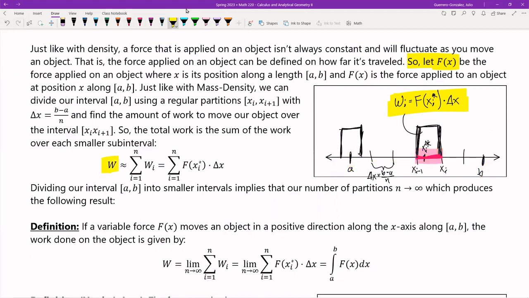The work is approximated as the sum of all the little works, the W sub i's. Each one of those W sub i's is given by F of x_i star times delta x, and we just add them all up together.